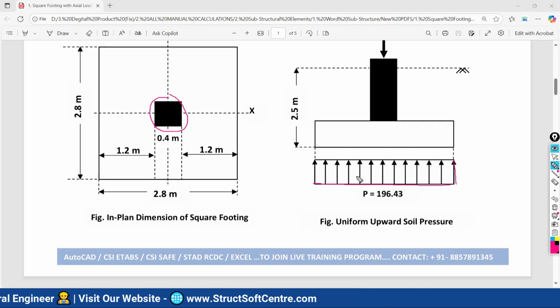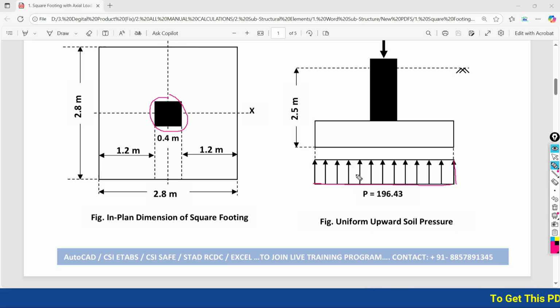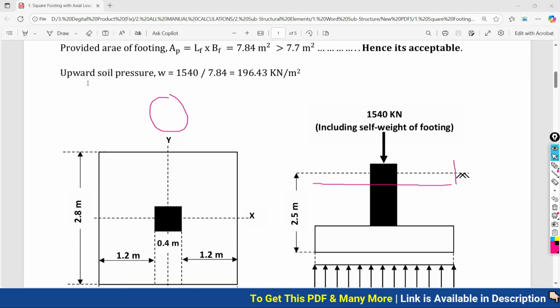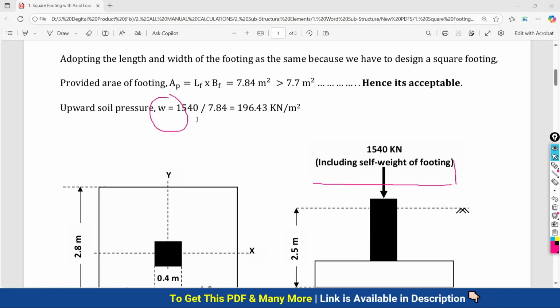That's why we get uniform pressure, plus your footing is not subjected to any kind of moment or any kind of eccentricity. That's why we get uniform upward soil pressure, and that is a very good thing for an effective and stable design of your foundation. So this is the first step, to find out the in-plan preliminary dimensions of the footing.